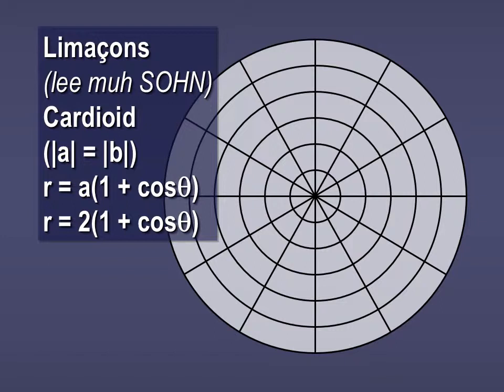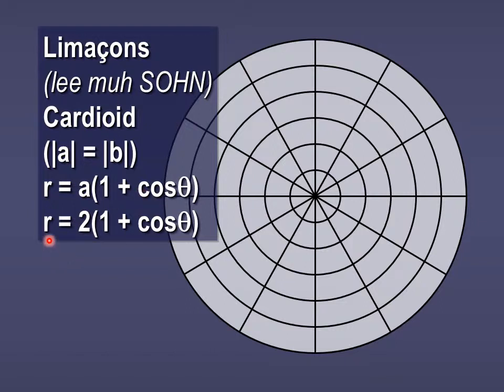The first categorization is called a cardioid, and a cardioid is when the absolute value of a is equal to the absolute value of b. So what that usually looks like is r equals a times (1 plus cosine theta), which basically says that you should be able to factor out something from this constant term and the number on the cosine. Those should be the same number.